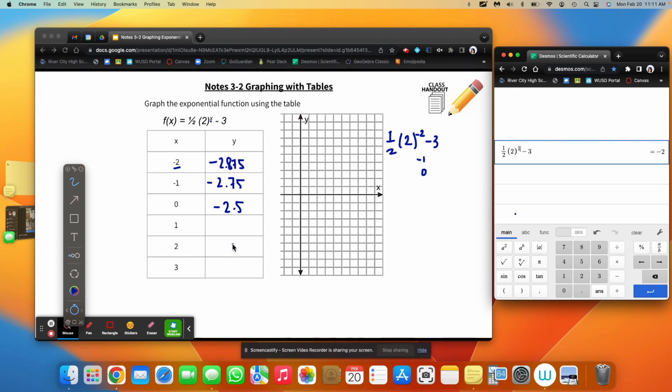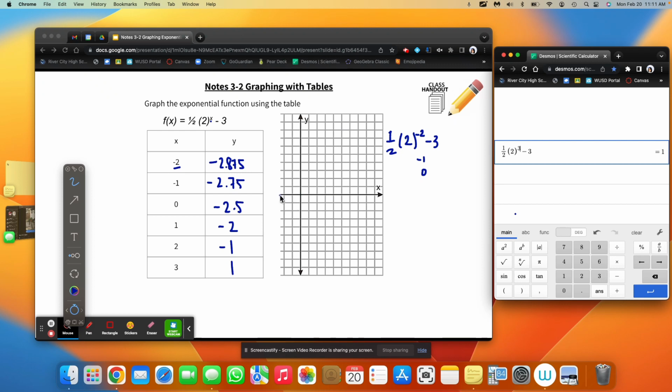That's going to be negative 2. And now we're going to plug in 2. That's negative 1. And now we're going to plug in 3. We get 1.